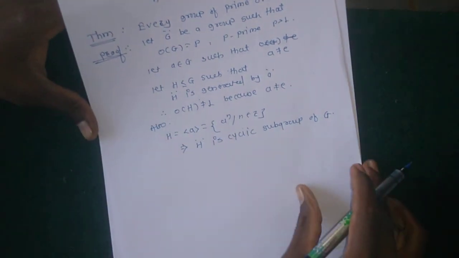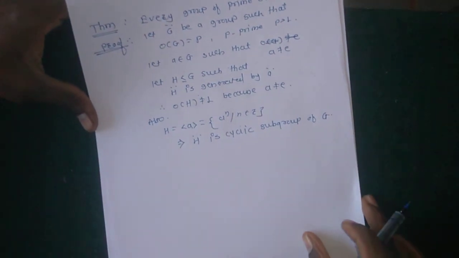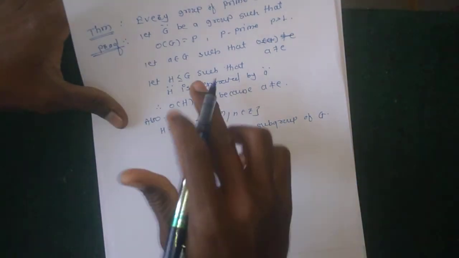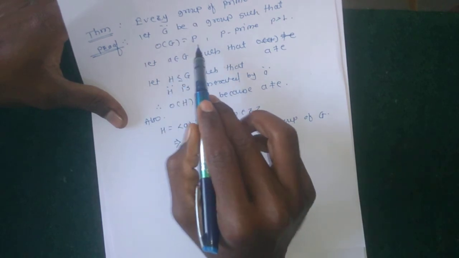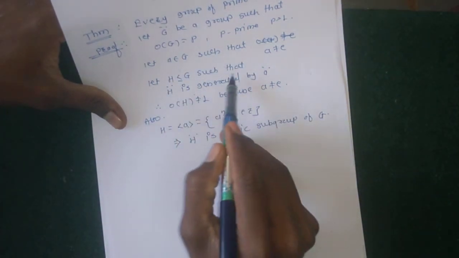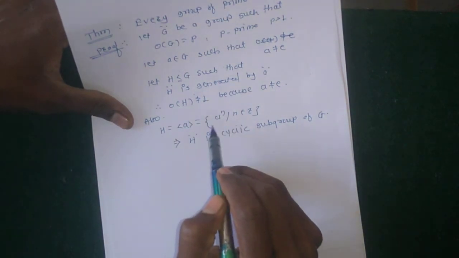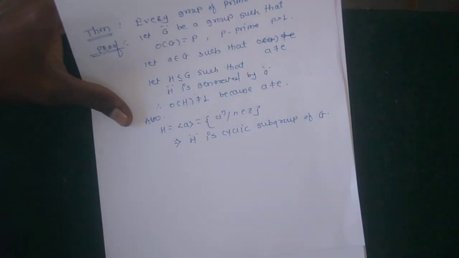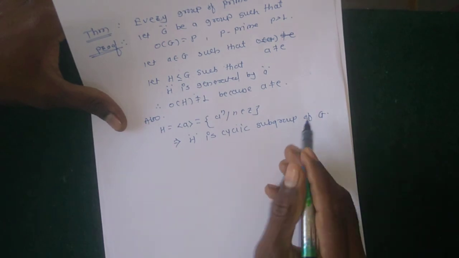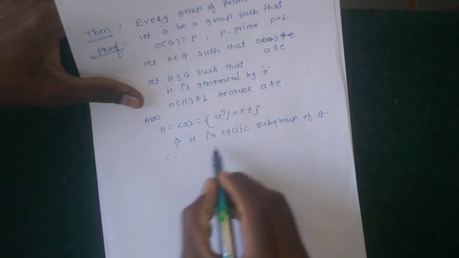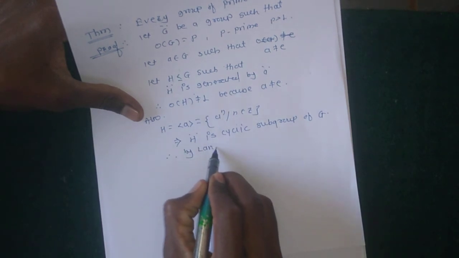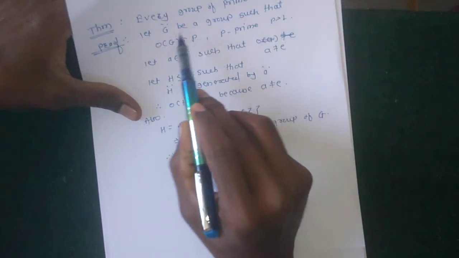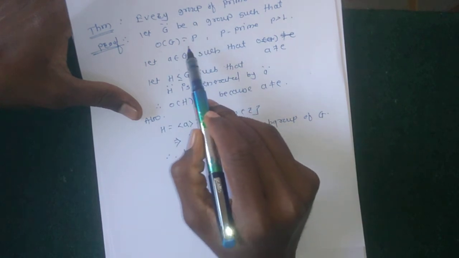Because we use Lagrange's theorem. Since G is a group of prime order, we choose H as a cyclic subgroup of G. Here G is finite, since any number is a finite order.